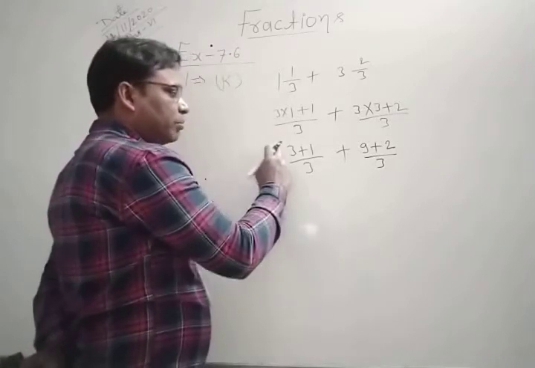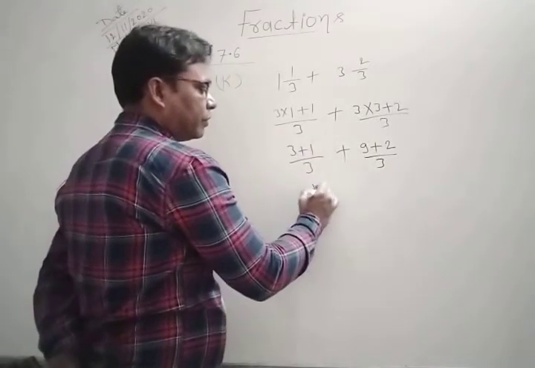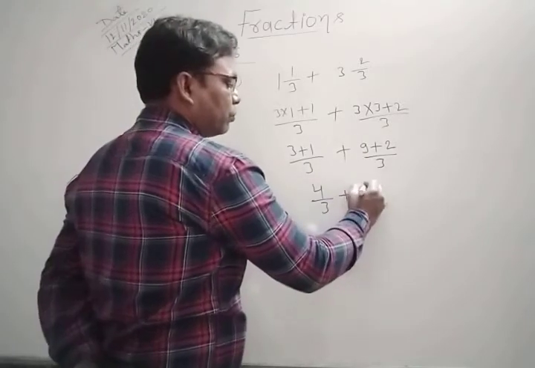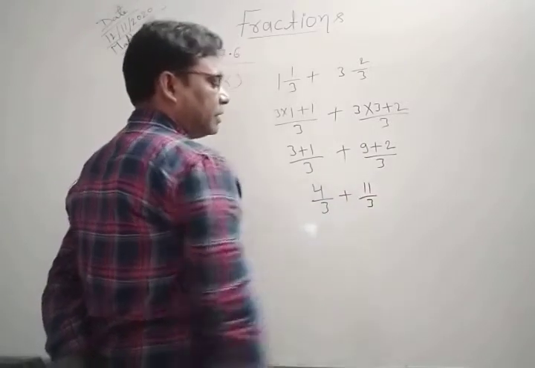Clear? So 3 times 1 is 3 plus 1, that is 4 by 3, and 3 times 3 is 9 plus 2 is 11 by 3. Clear? 3 plus 1 is equal to 4, and 9 plus 2 is equal to 11 by 3.